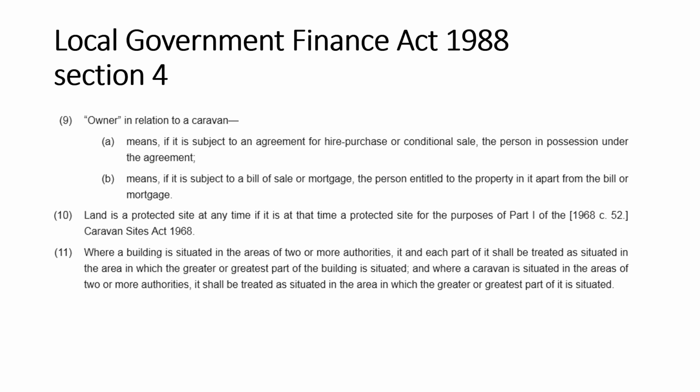Now, if we go to the Local Government Finance Act 1988, Section 4 again, under Section 9, because we're still in the definitions, it says owner in relation to a caravan. Now, one may argue the point, well, what does that have to do with council tax? Well, what they're trying to do now is actually tax people that live in a caravan or basically a home on wheels.